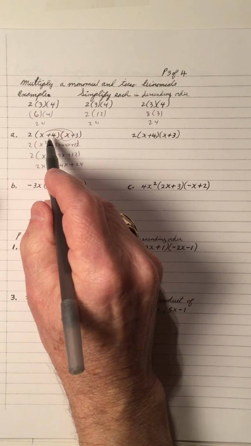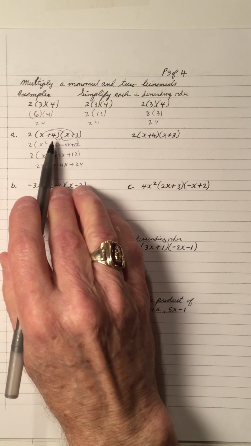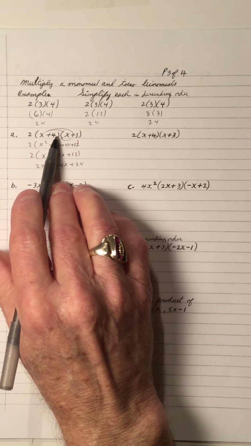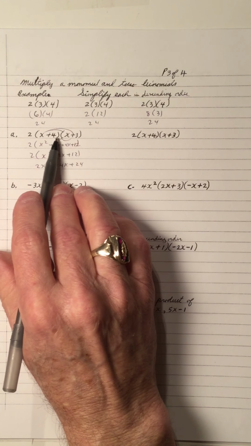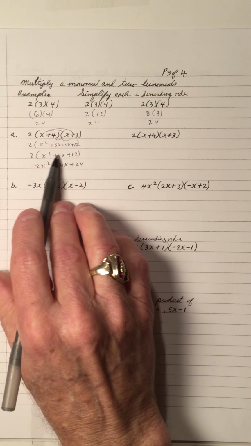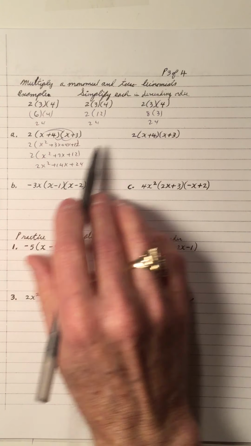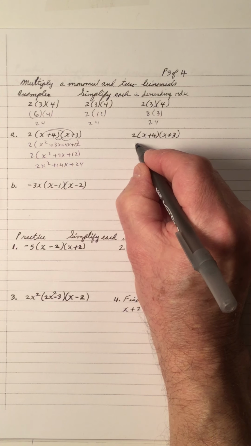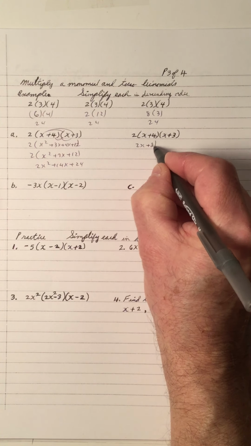So, most times in math, you'll see teachers and textbooks multiplying these 2 to get these 2 binomials. And the reason is that if you multiply these 2, you keep the terms smaller when you're going to add and things. But if I multiply the 2 by x plus 4, I get a 2x plus 8.